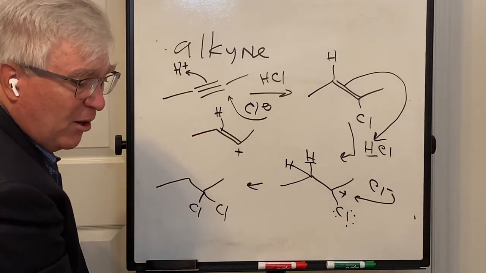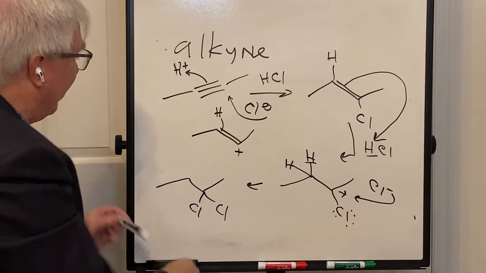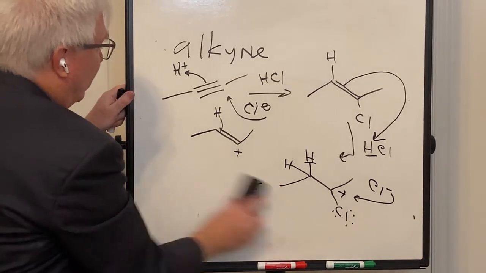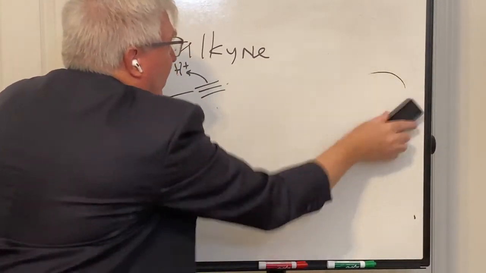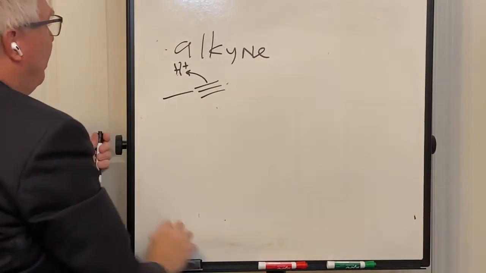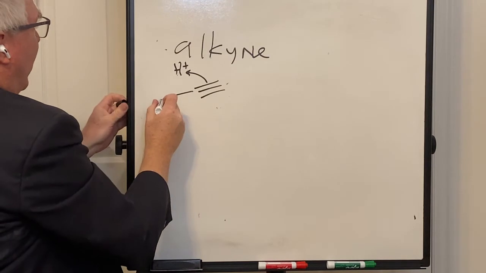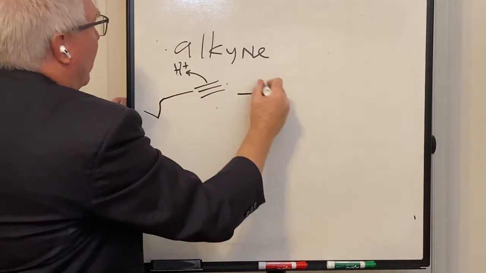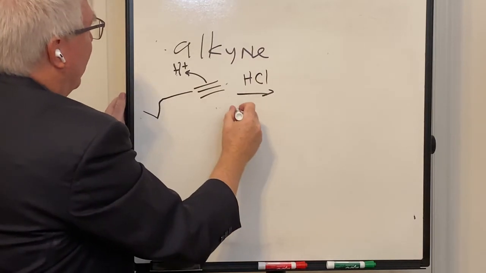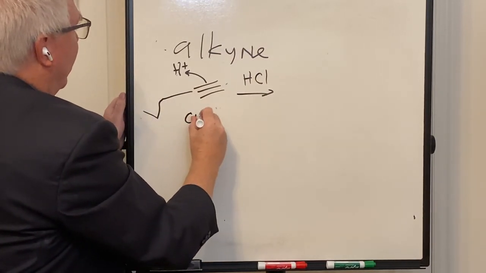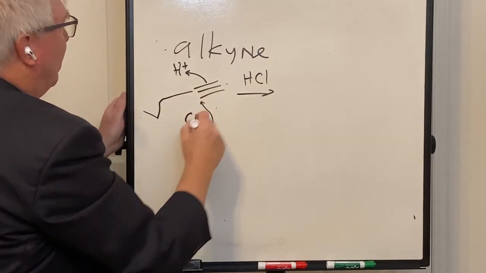In fact, let's look at a terminal alkyne. So let's do the same reaction, but with a terminal alkyne. So let's say we've got a propyl out here maybe, okay? So HCl. So what are we going to do? Well, our chloride here is going to come in at the more substituted spot.